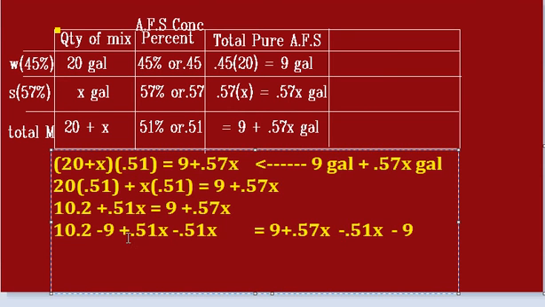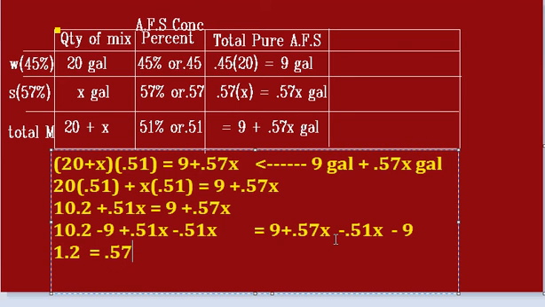So, 10.2, what will happen? The 10.2 will become now the 1.2. Tama? Okay, and then the plus 0.51x and minus 0.51x will become 0. And here the 9 and the negative 9 will cancel itself, and the remaining is 0.57x minus 0.51x.